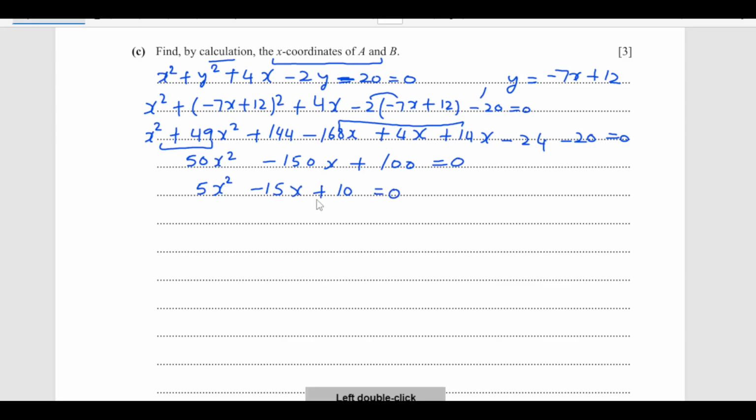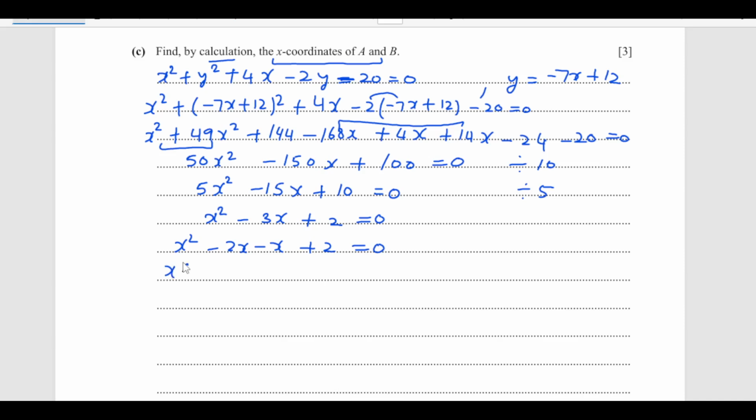Again it is divisible by 5. So, we can again divide the whole equation by 5. It will actually simplify our equation, it will be easier to work. So, whenever you see an equation can be divided by a common number, you can do that. So, now making factors, this is x squared minus 2x minus x plus 2 equals 0.